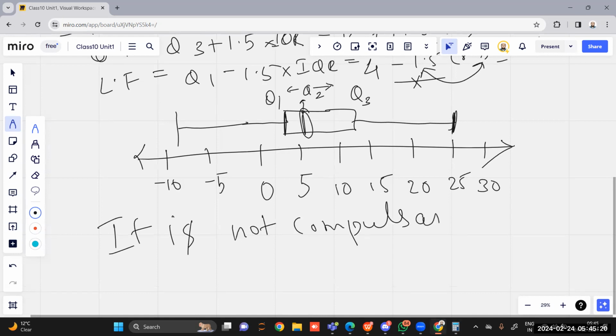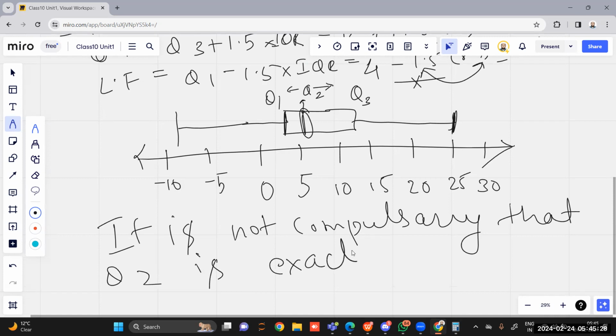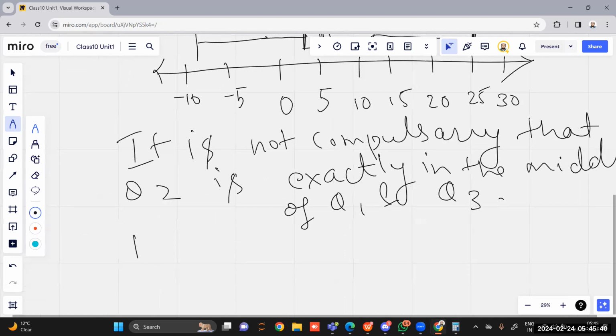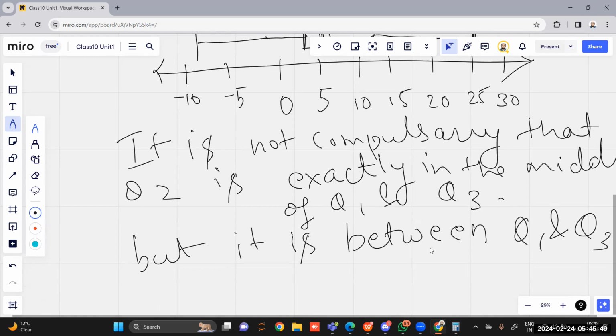It is not compulsory that Q2 is exactly in the middle of Q1 and Q3, but it is always between Q1 and Q3, every time.